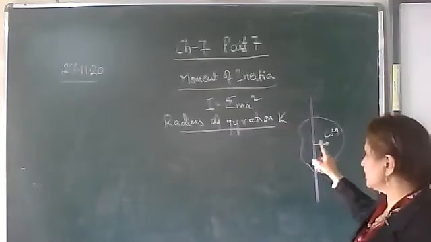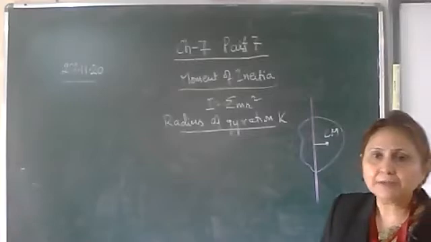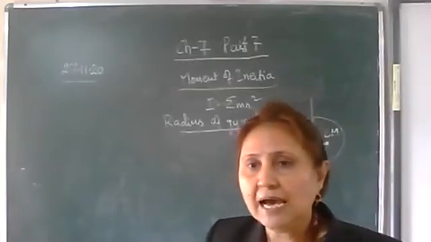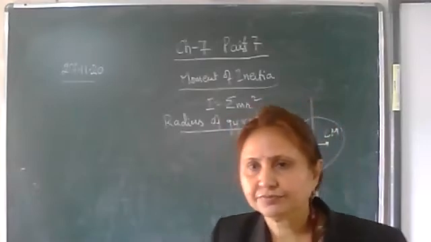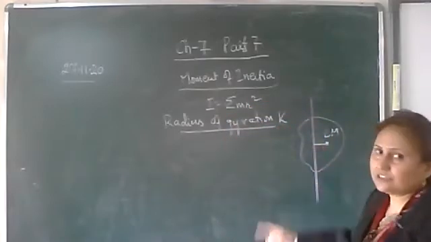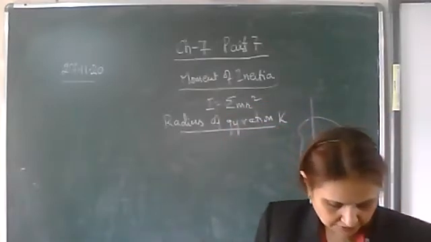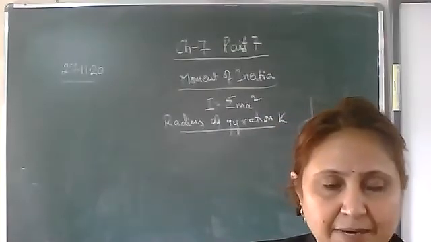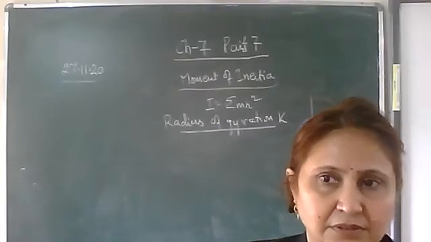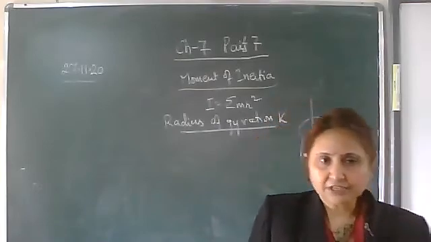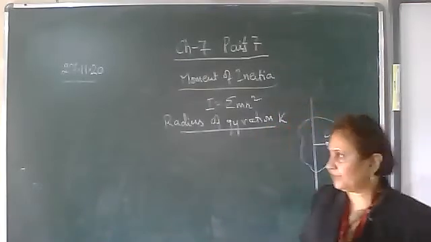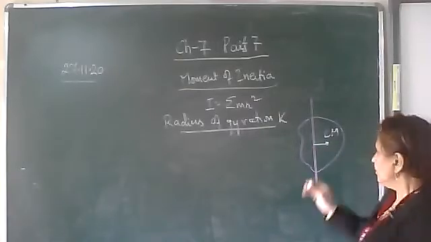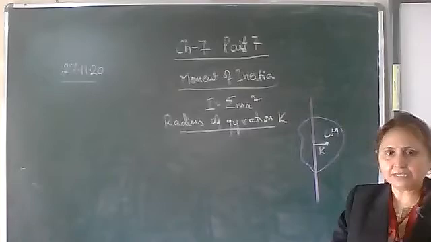So radius of gyration is the perpendicular distance between the center of mass and the axis of rotation. So write down: radius of gyration is the perpendicular distance between the center of mass and axis of rotation, and this distance we represent by k.